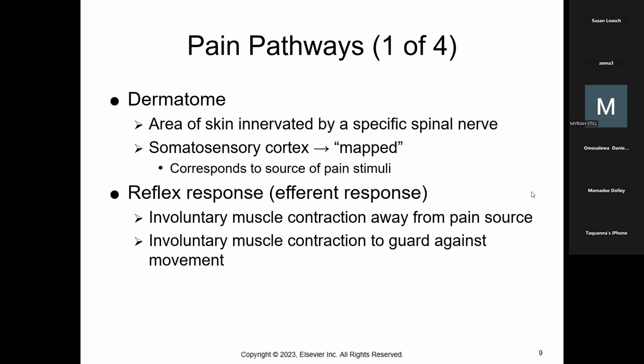Okay. And then I talked about the pain fibers. And I said the afferent fibers, these are your sensory fibers. So the brain senses something is wrong because these afferent fibers are sending a signal to the brain.